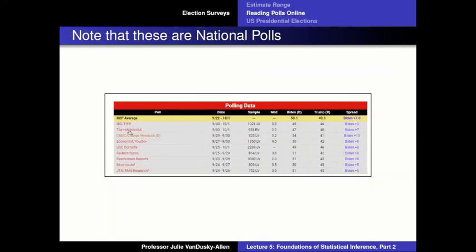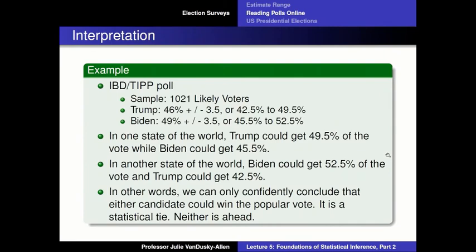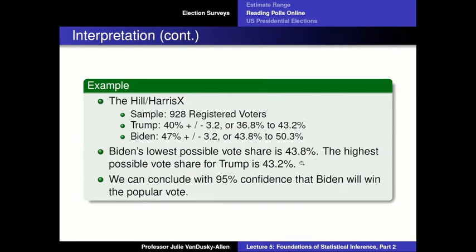Now let's look at the second poll. They surveyed 928 registered voters. Biden got 47 plus or minus 3.2, and Trump got 40 plus or minus 3.2. So Trump gets anywhere between 36.8% of the vote to 43.2% of the vote, and Biden gets anywhere between 43.8% of the vote to 50.3% of the vote.